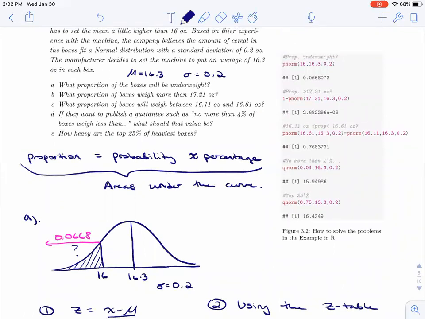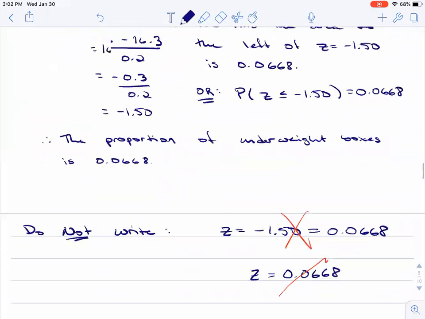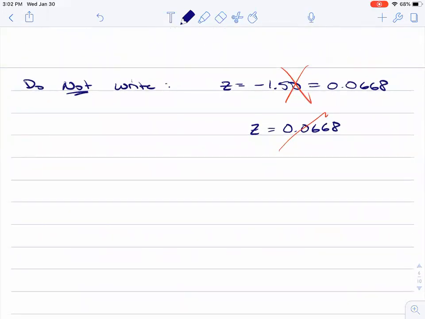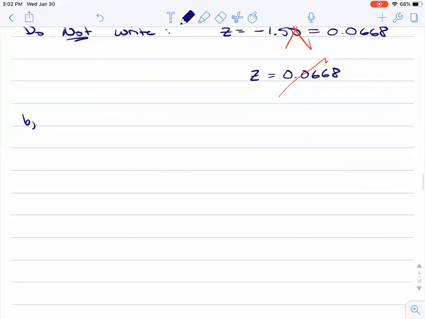What proportion of boxes weigh more than 17.21 ounces? So now we're on the other end, on the high end, and we want to know what proportion weigh more than this. Part B. If we sketch it out, we can sketch our normal distribution again.